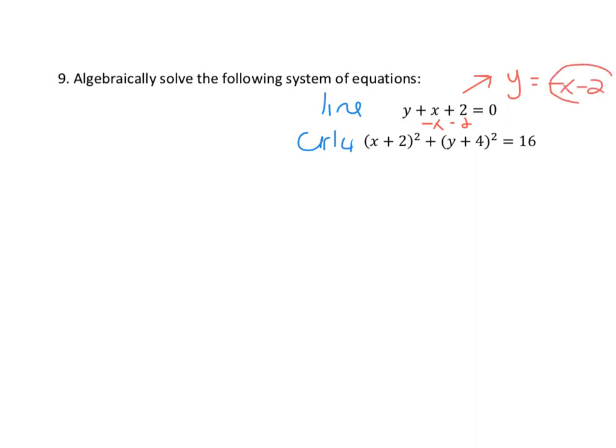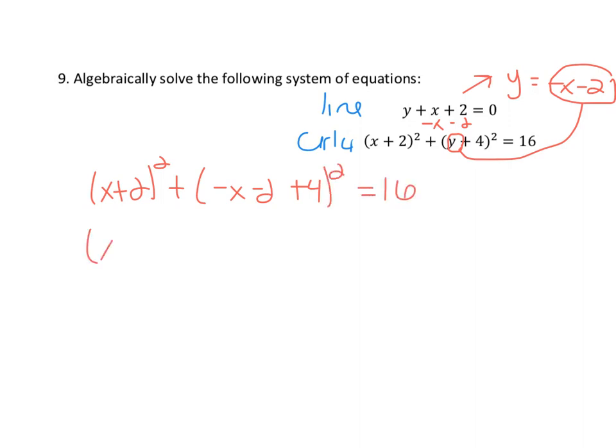And you're going to use a process called substitution. So basically you're going to replace one letter with what it's equivalent to so that the whole equation becomes the same letter. So the first part is going to stay the same, and then that's going to go in here. Combining like terms in that second parentheses, we'll get negative x plus 2 squared equals 16.